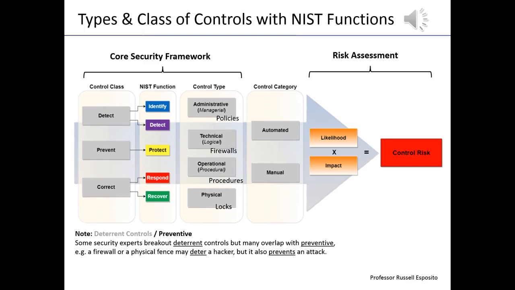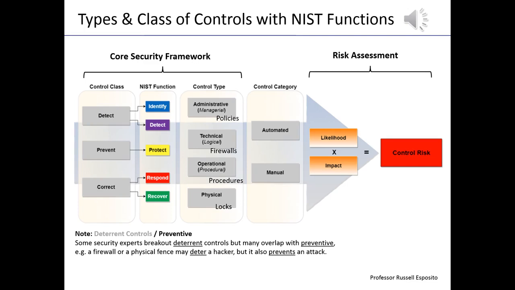Some security experts break out deterrent controls, but many overlap with preventive controls. For example, a firewall or a physical fence could deter a hacker who sees a firewall or a physical fence. They may be deterred and go somewhere else, but it may also prevent an attack. So this slide doesn't really talk about deterrence, and that's okay because there is a gray area where they overlap.